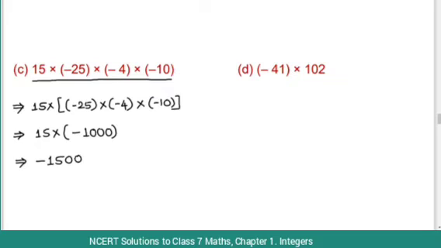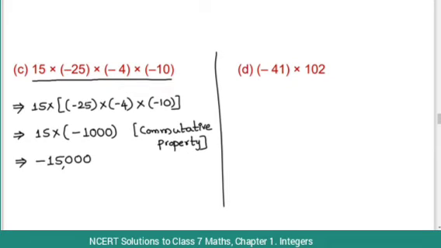So 15 into 1000 is 15,000 minus as it is. Then it becomes minus 15,000. Here we have used the commutative property. So whatever the property has been used, write it in a bracket.